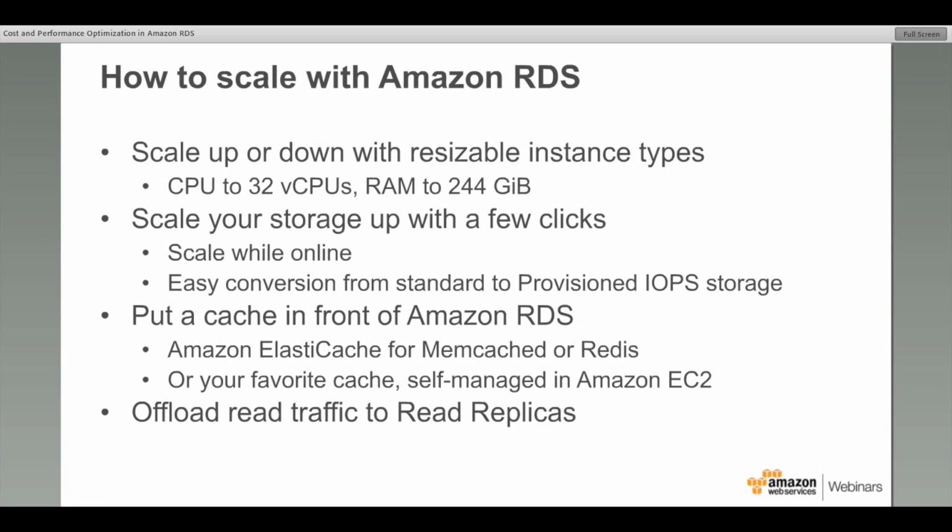And of course, because the RDS engines are your standard Oracle, MySQL, SQL Server, and Postgres databases, you can put your favorite self-managed caching tool on EC2 that then would be pointing to your RDS instance. In that case, just keep in mind that you will potentially need to change your application to take advantage of the cache.